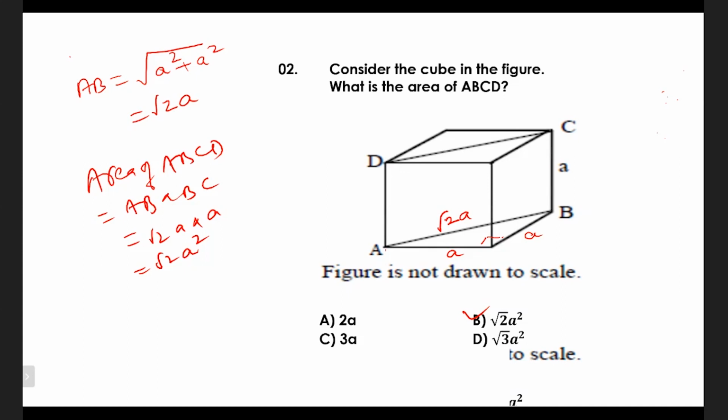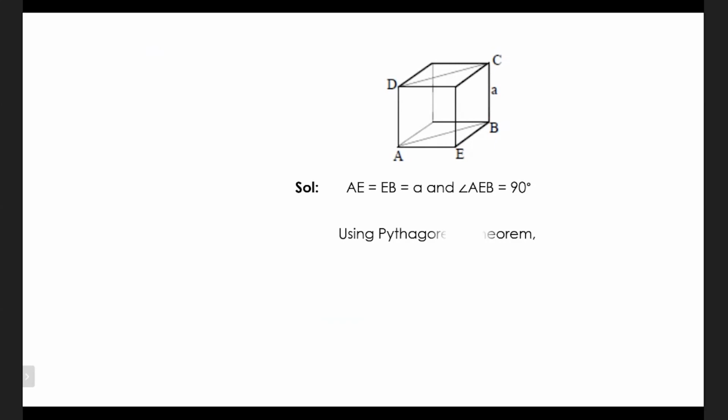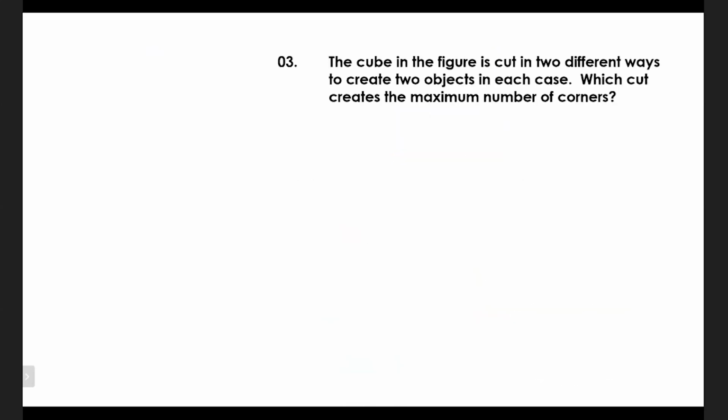Okay, children, let us go to the next question now. The cube in the figure is cut in two different ways to create two objects in each case.